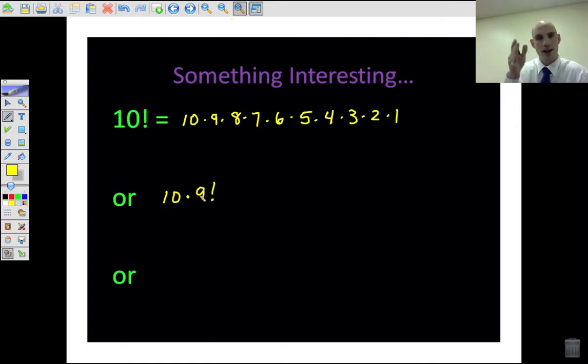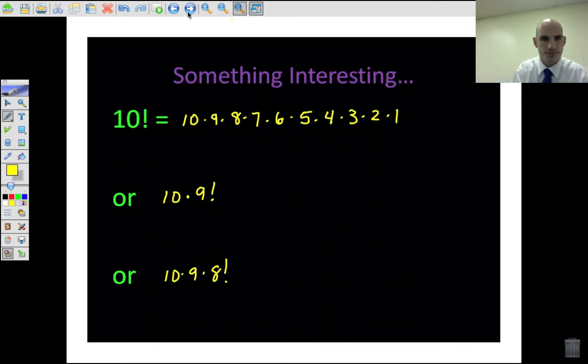Because 9 times 8 times 7 times 6 times 5 times 4 times 3 times 2 times 1 is really just 9 factorial. And so it can also be written as 10 times 9 times 8 factorial. You see how this could go on and on all the way up until we get to some small number of factorial. That's an interesting way to write it because that can help us later when we start talking about permutations.